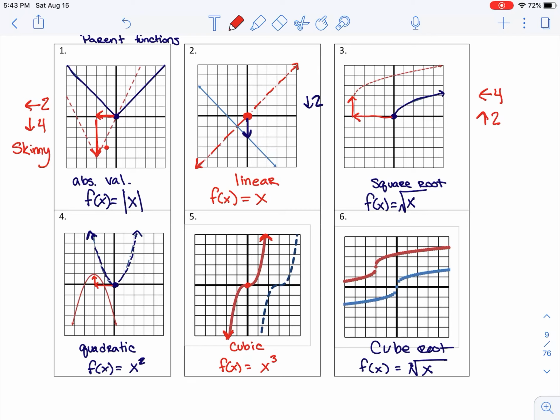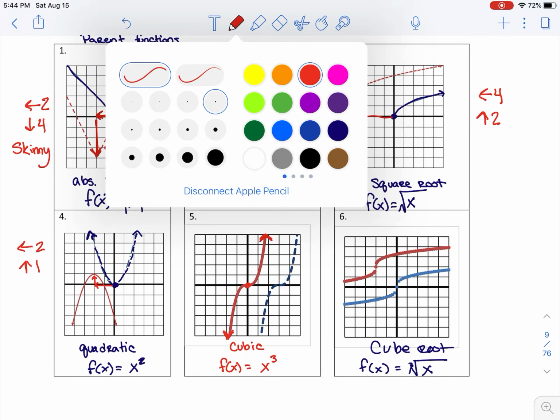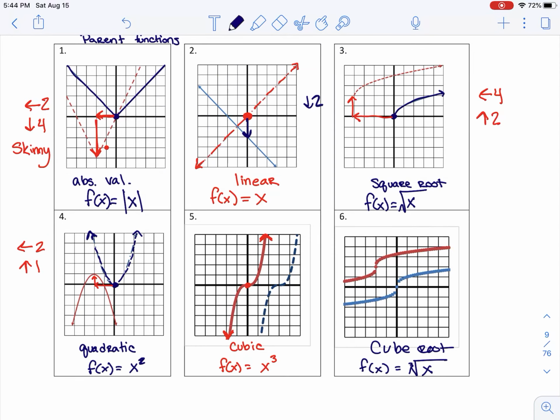Number 4, we move from our original blue quadratic graph. It's a U shape, so it's quadratic. And we move left 2 and up 1. Number 5, we move from our original red cubic graph straight over to the right.